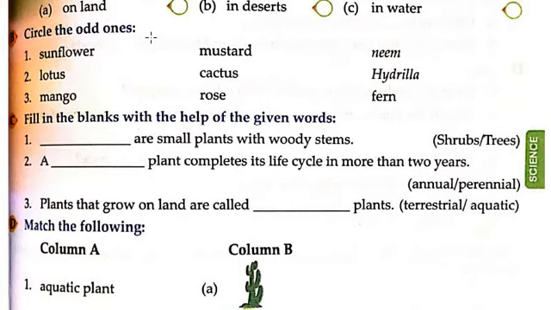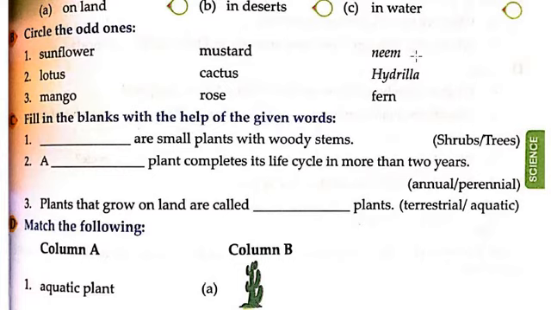Circle the odd ones. Let's do them together. Number 1. We have here sunflower, mustard, and neem trees. What do you think? Correct. We will circle neem, because sunflower and mustard are flowering plants.